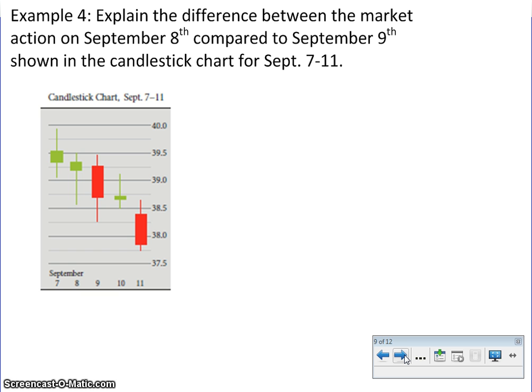All right, example 4. Explain the difference between the market action on the 8th compared to the market action on the 9th with the candlestick chart for the 7th through the 11th. Well, some things that you've got to know about the candlestick chart. First, the lowest part of the day is the bottom of our candlestick. So that is the lowest price of the day.